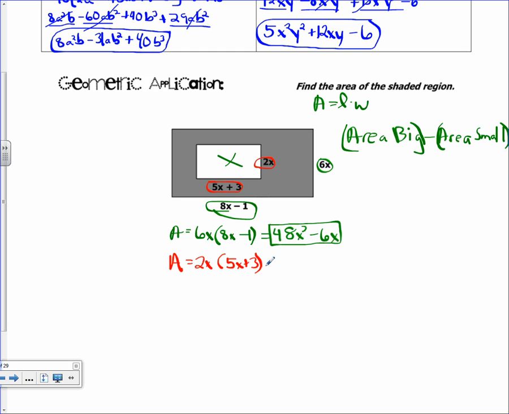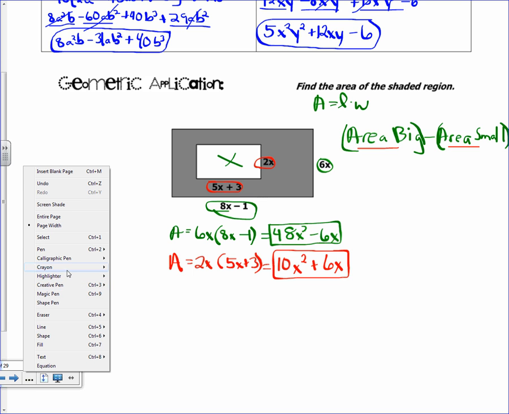Distribute that 2x, so that's going to make 10x squared plus 6x. All right, now for this big area minus the small area. Notice how I put them in parentheses. All right, let's combine them.